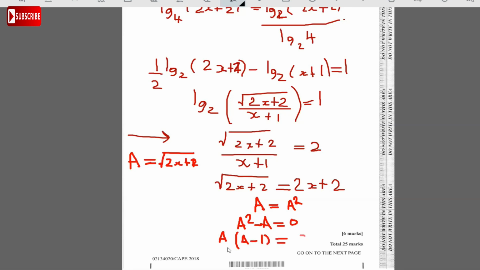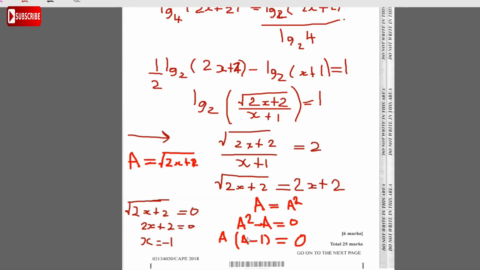But then what was a? a was the square root of 2x plus 2. So either the square root of 2x plus 2 is equal to 0, and if so, you square both sides, getting 2x plus 2 is equal to 0, and so x is equal to negative 1.